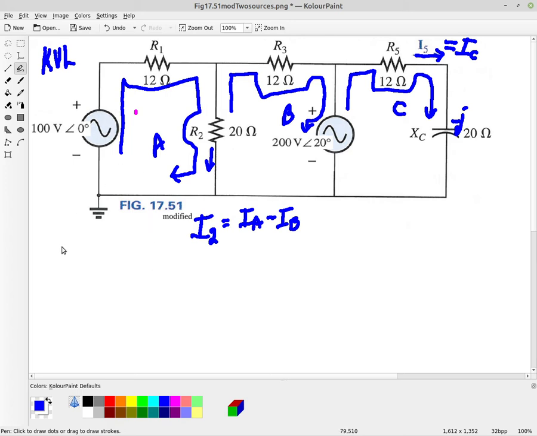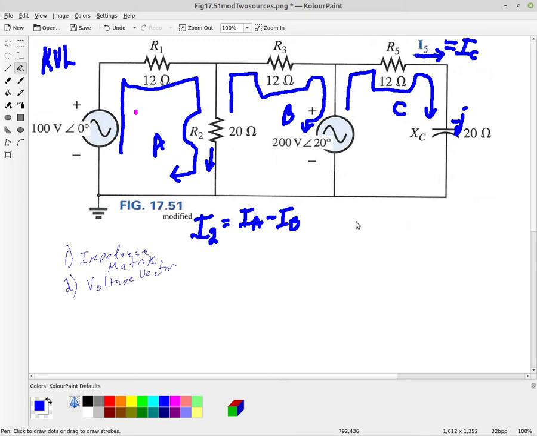Okay? And so the first thing that you want to do is find your impedance matrix. Okay, so we're going to find the impedance matrix, and then we're going to find our voltage matrix, which is actually a voltage vector, because it's only going to be a column vector.